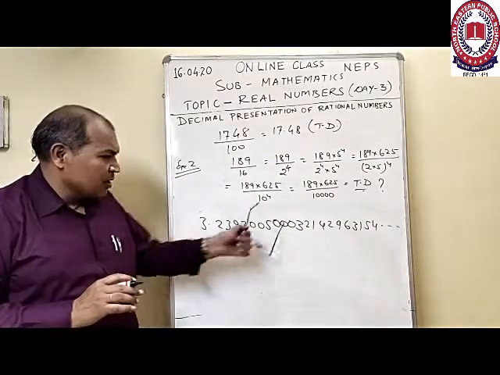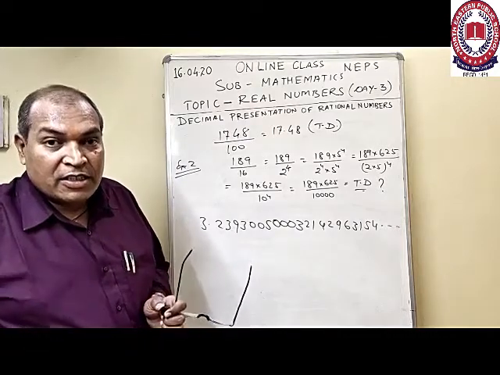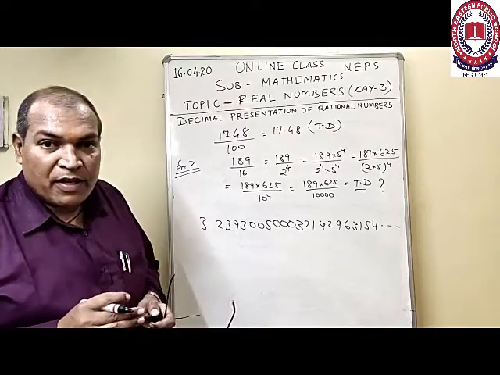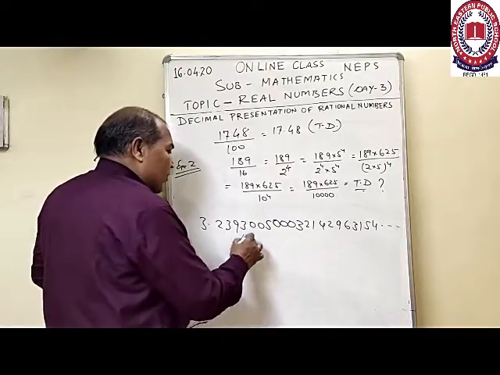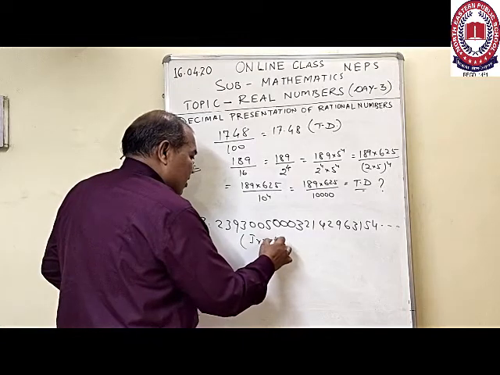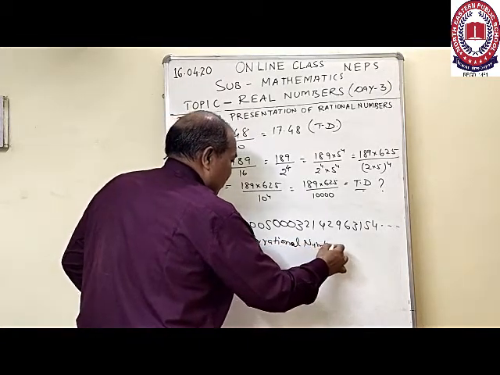And if we observe these numbers, there is no pattern of decimal digits. There is no pattern of repetition of the digits coming in the decimals. So these kinds of numbers are therefore known as irrational numbers.